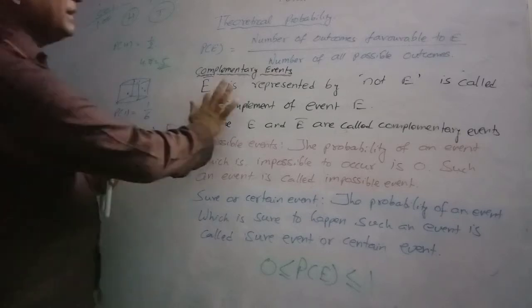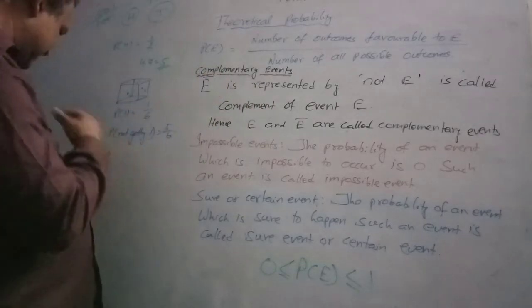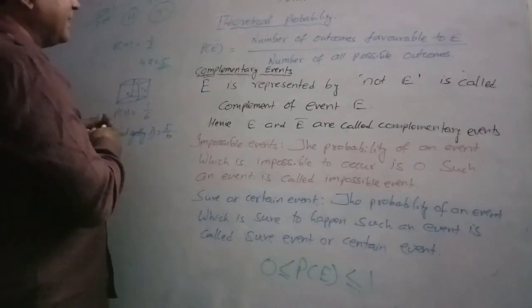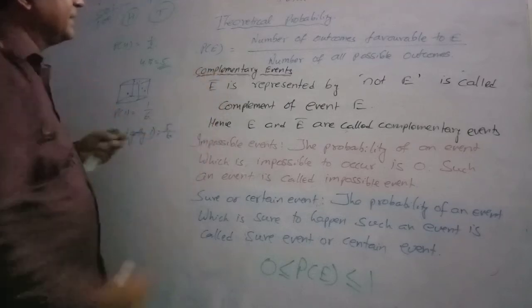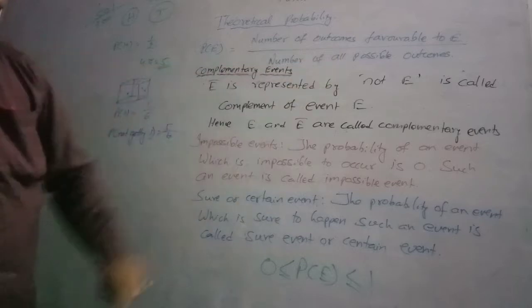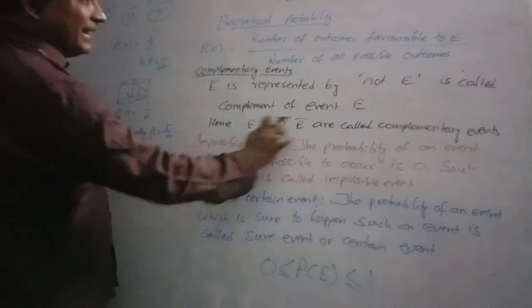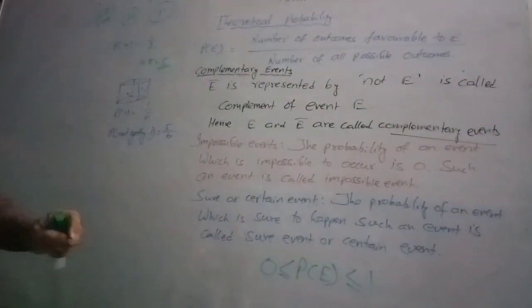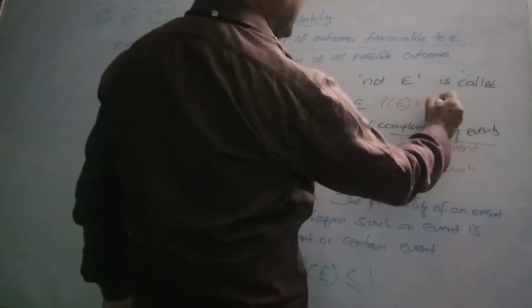E bar is represented by not E, and it is called the complement of E. So E and E bar are called complementary events. The important thing is P of E plus P of E bar is equal to 1.